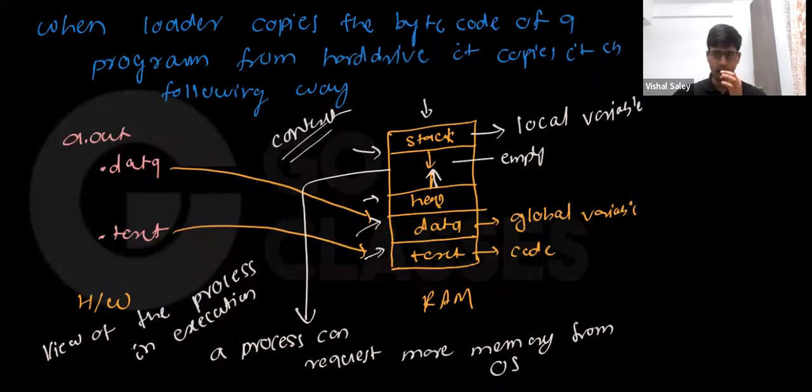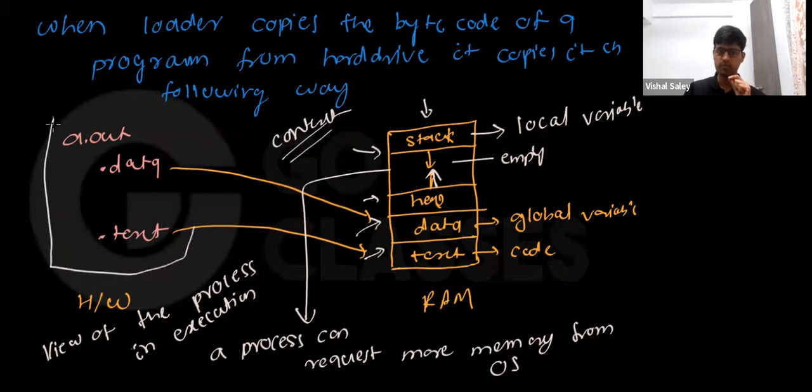A view of our process in the RAM is basically like this. If we ask how my process is doing in the RAM, this is how it is stored in your RAM. This is how it is stored in your hard drive, but once you ask the operating system to load it, this is how it will look in your RAM. Is this clear?